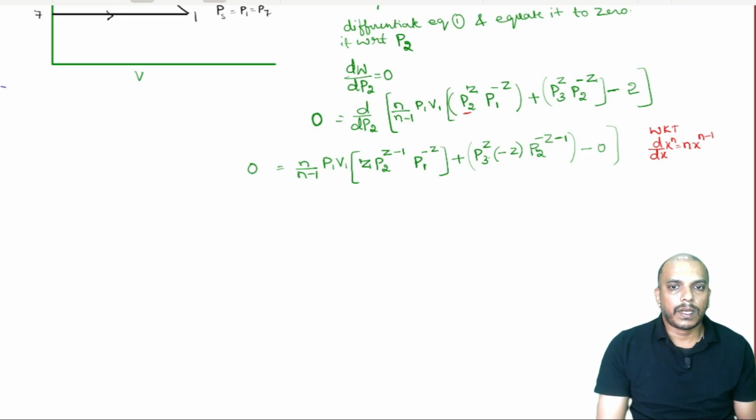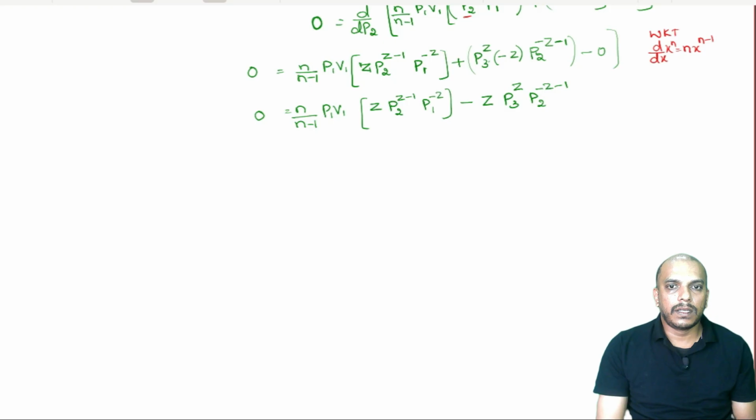Now, we can further simplify. n by n minus 1 I will keep as it is, and let us say this is z P2 power z minus 1 P1 power minus z, plus, now let us multiply the minus sign here, so this will be minus z P3 power z P2 power minus z minus 1, and this must be equal to 0.